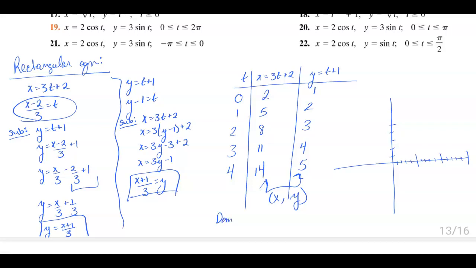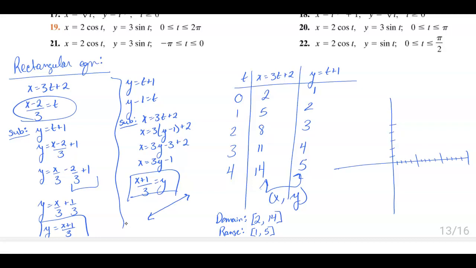So our domain here, remember this is a linear equation, and it's increasing, right? Because we have a positive slope here. So our domain's going to go from 2 to 14, and that's inclusive. And our range is going from 1 to 5, inclusive. So this equation will work as long as x is between 2 and 14.